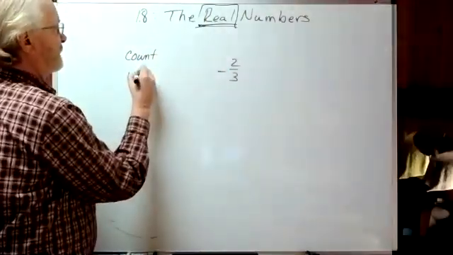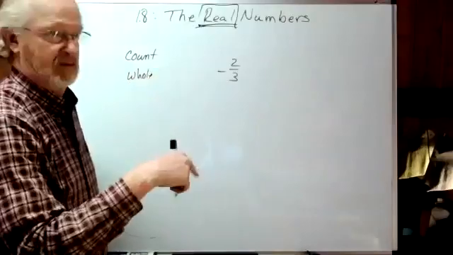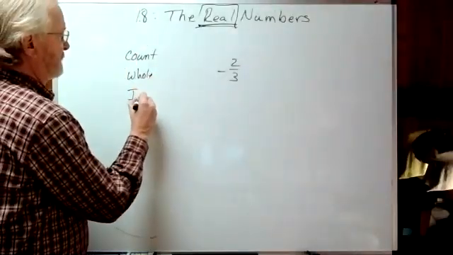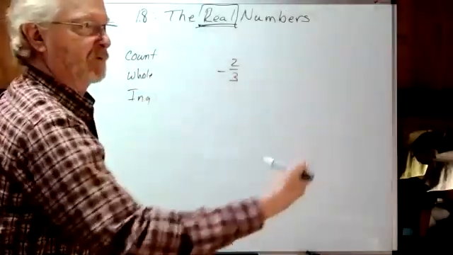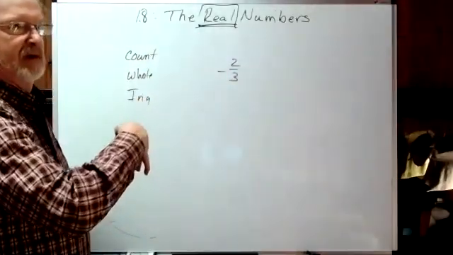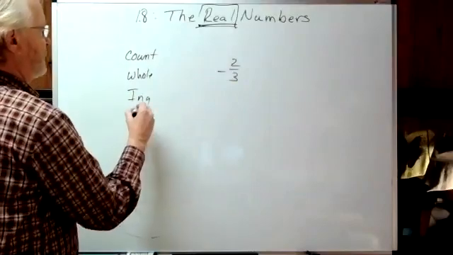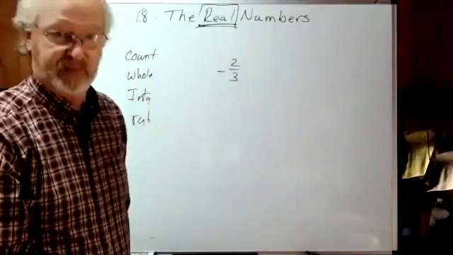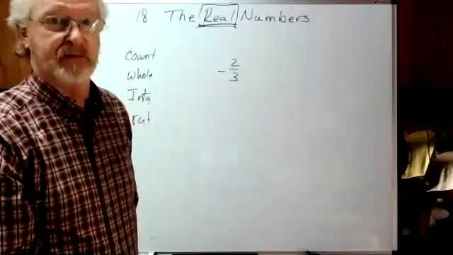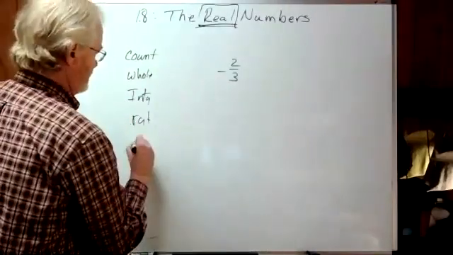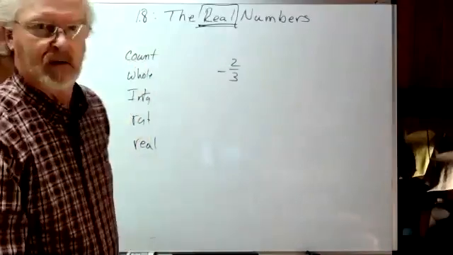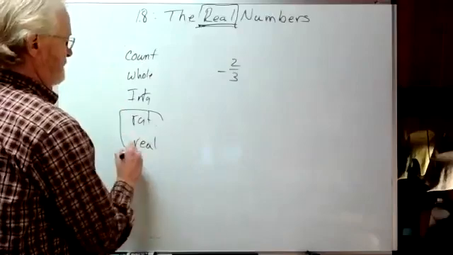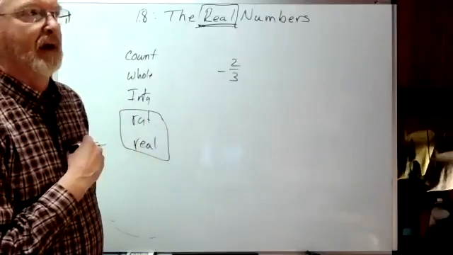Is it a whole number? No, it's not 0, 1, 2, 3, 4, 5. Is it an integer? No, it's not a whole number or one of its opposites. Is it a rational number? Oh, fraction? Yeah, I can make it look like a fraction. It is a rational number. Is it a real number? They're all real numbers that we're working with. Yes, so that's what you say.